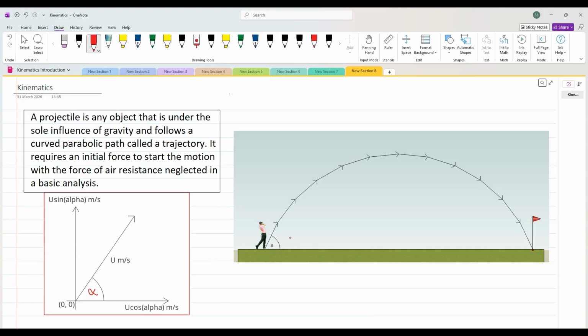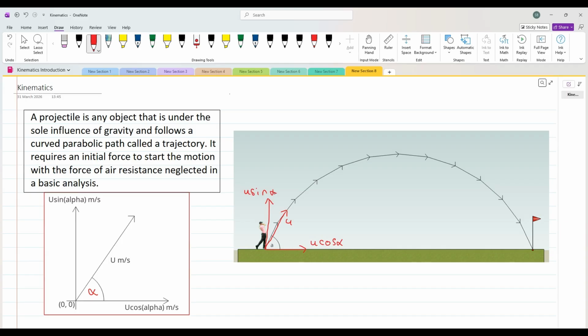We would therefore write down our velocity u, the horizontal component, u cos alpha, and our vertical component, u sine alpha.